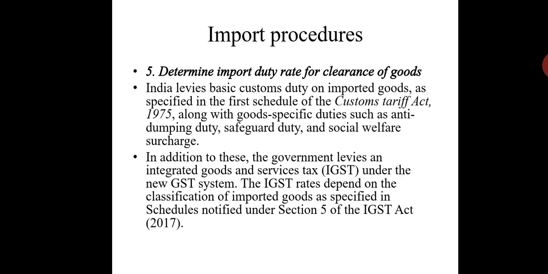So here you have cleared all the inspection, and now it's time for you to take your goods back to your place. Then you have to see what kind of customs duties are to be paid, and you pay that. The customs duties are charged according to the Customs Tariff Act 1975, and it's not just some fixed percentage over the value of goods; the percentage varies from product to product.